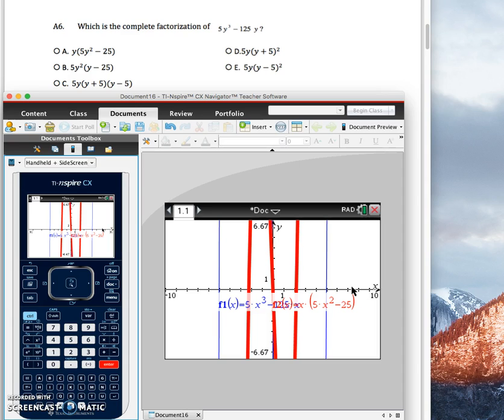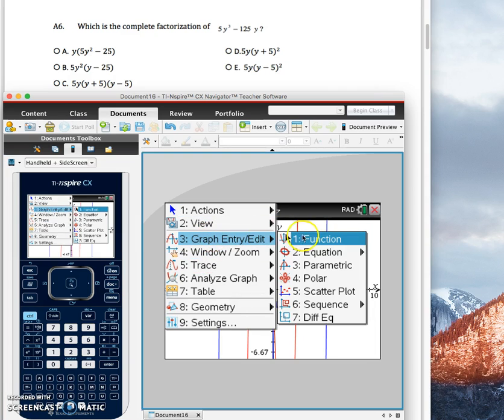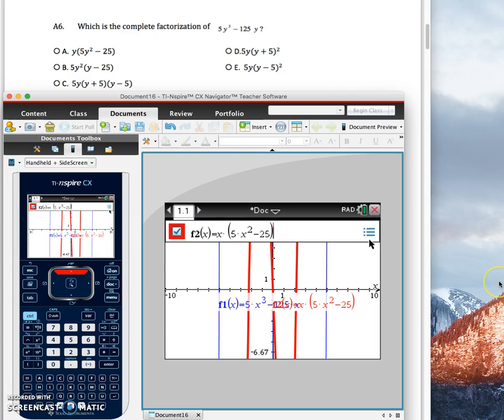And graph. Notice that graph does not lay on top of the other one. I did this earlier and didn't put that in parentheses and it didn't show up. I can show that very quickly, because all you have to do is remove the parentheses. Let's go back up and I'll show you what I meant.